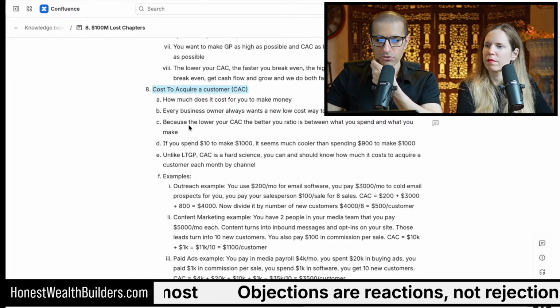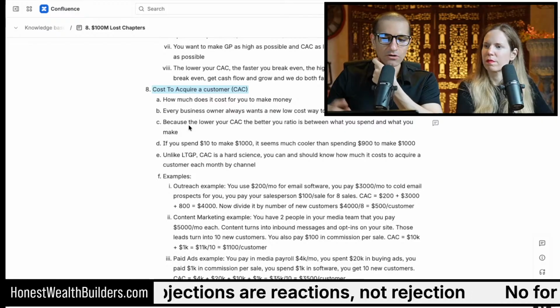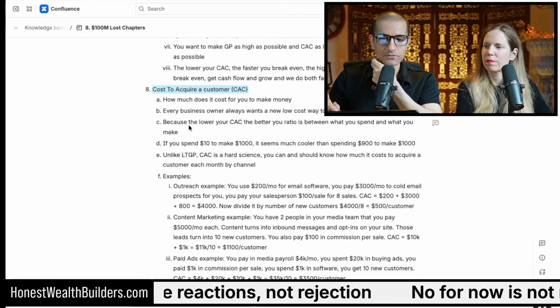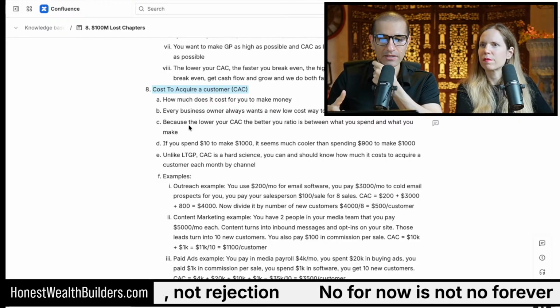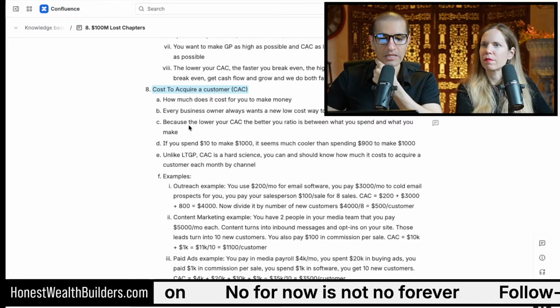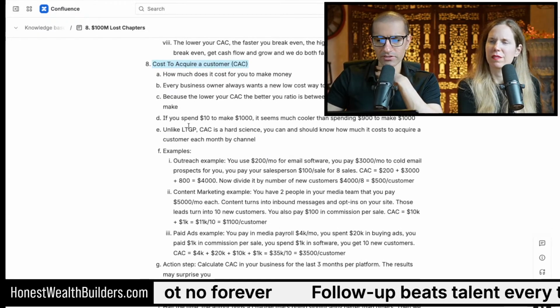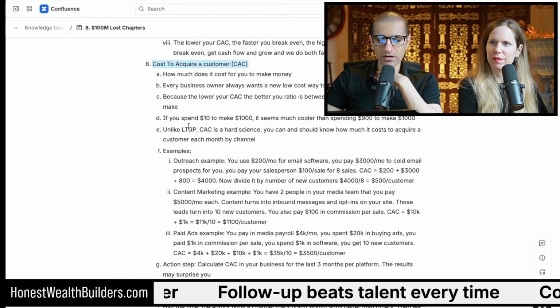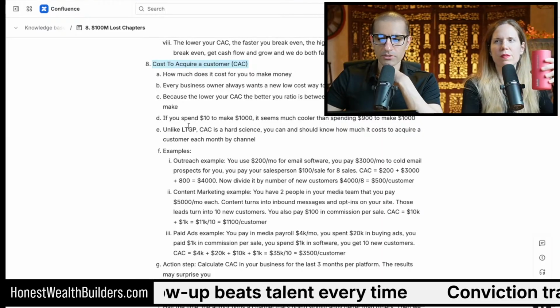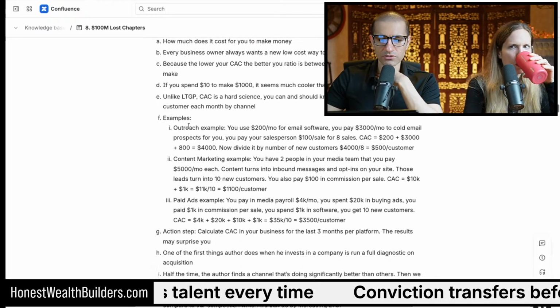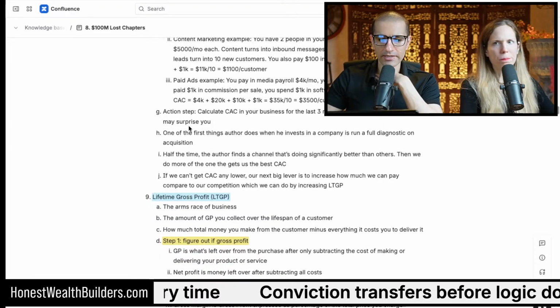All right. So if you spend $10 to make 1,000, it seems much cooler than spending $900 to make 1,000. Unlike LTGP, CAC is a hard science, and you should know how much it costs to acquire a customer. Then it gives a bunch of examples, and then it says calculate CAC.